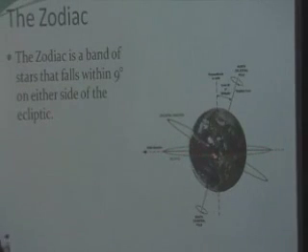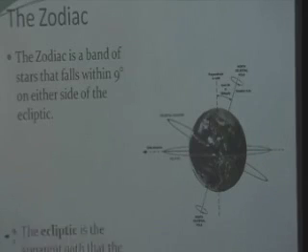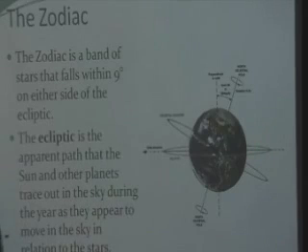This is the celestial equator, which is the Earth's equator extended out into space. The ecliptic is the apparent path that the sun and other planets trace out in the sky during the year as they appear to move in the sky in relation to the stars.